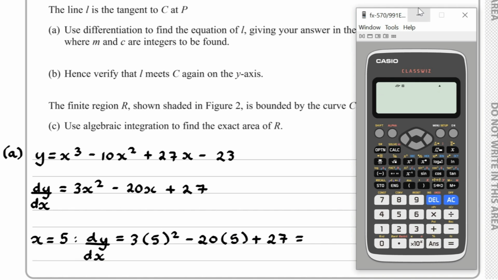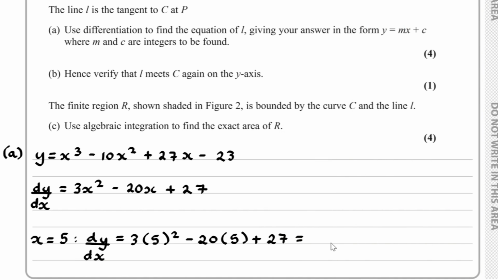It turns out we get 2. So this 2 represents the gradient of the tangent.